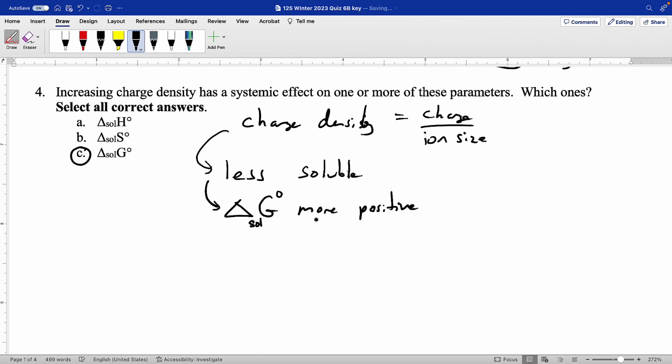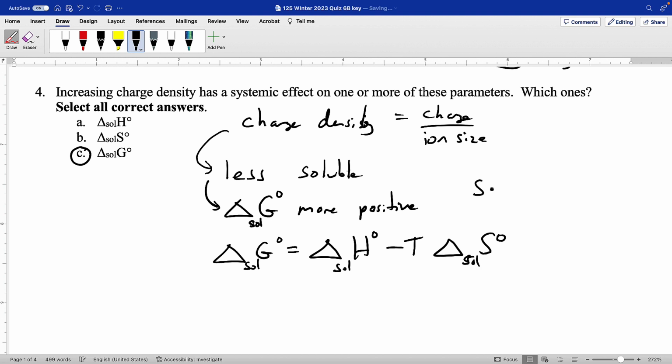Well, these trends must be driven by either entropy or enthalpy. So let's write this out. One of these is going to be driving the trend in delta G standard. Oops, these are all solubility. Okay, so this is all taking a salt in the solid phase and dissolving it in water to make salt in the aqueous phase, to separated ions there.